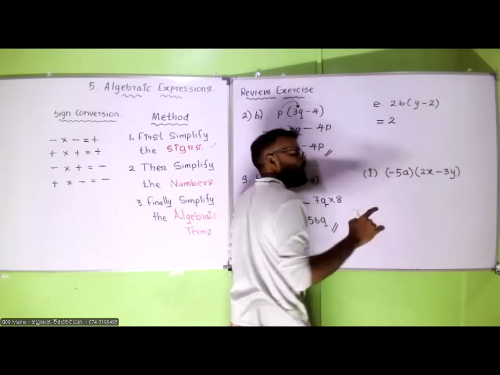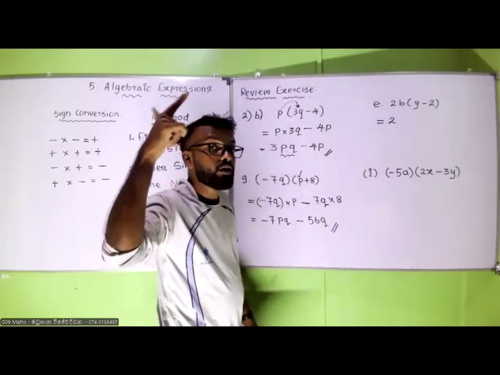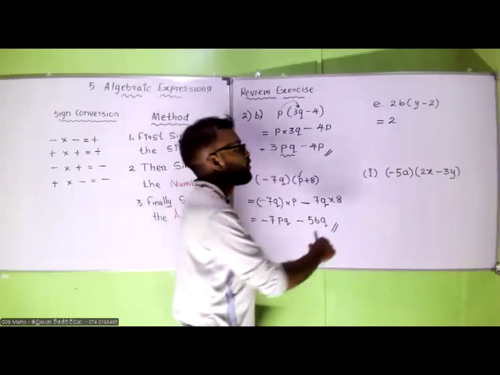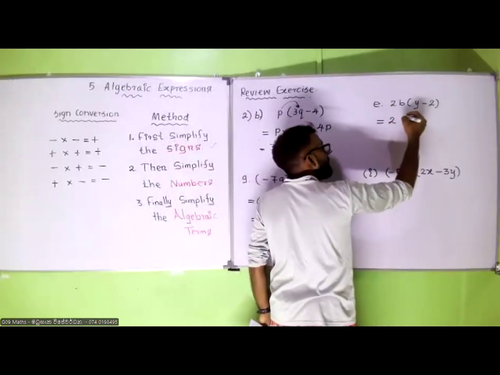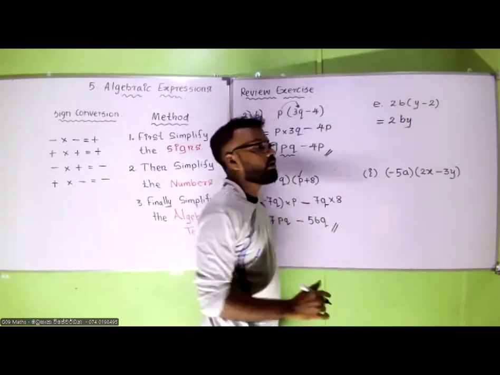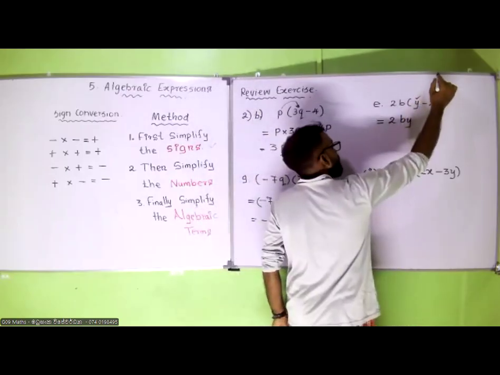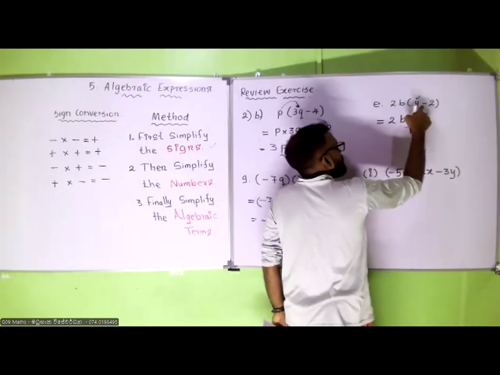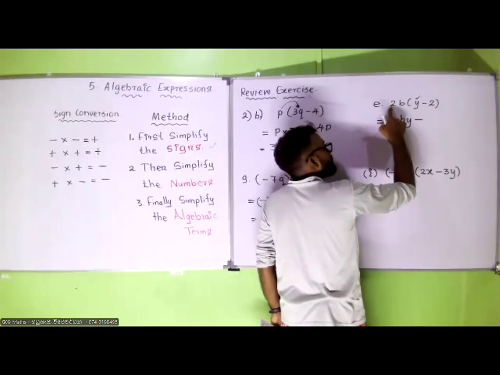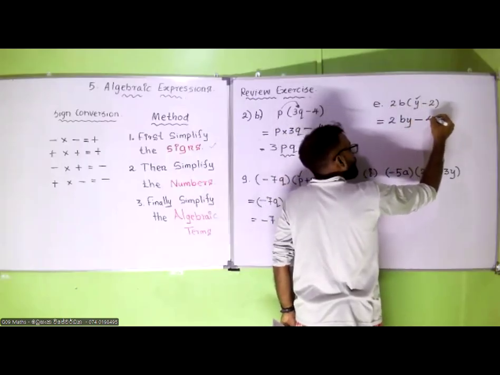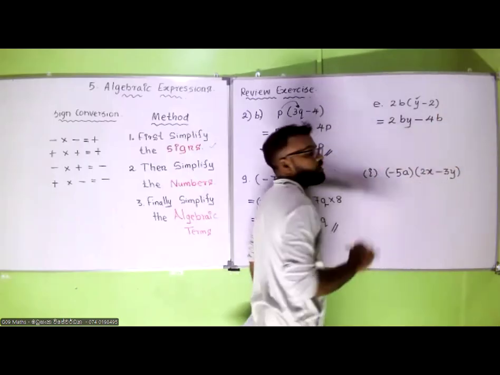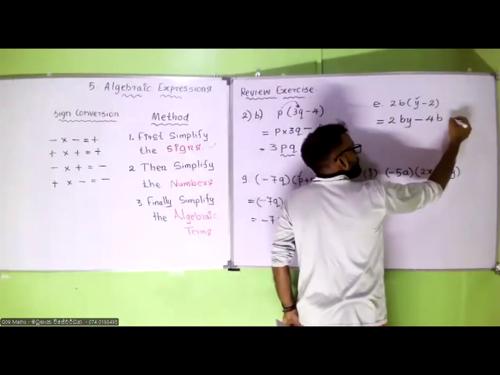In front of y, you have a hidden number, that is 1. 2 times 1, 2. Then b times y, by, in alphabetical order, by. Now y is all okay. Move ahead. Positive into negative, negative. Multiply the numbers: 2 times 2, 4. Any algebraic terms? Here b. Done. Your answer should be this.